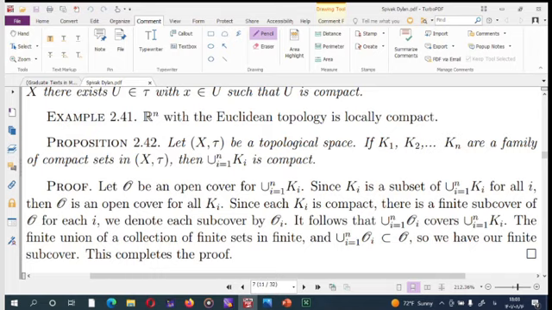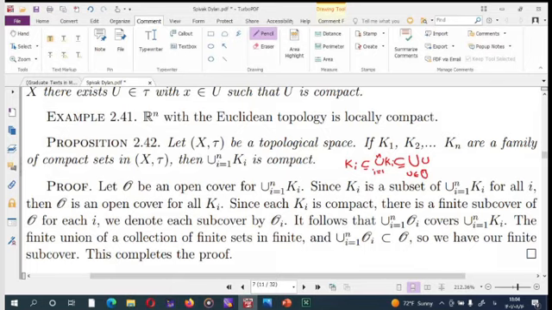Okay, this is very easy because this is an open cover for this union, so that this union over i from 1 to n must be a subset of this union of all elements in O. Okay, but Ki is a subset of this, so this open cover is an open cover for Ki too.